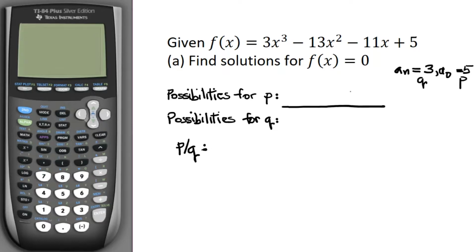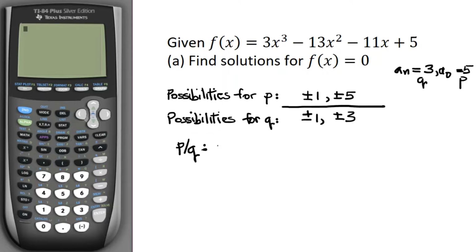The possible factors of 5 are plus or minus 1 and plus or minus 5. And for the denominator, the possible factors are plus or minus 1 and plus or minus 3.